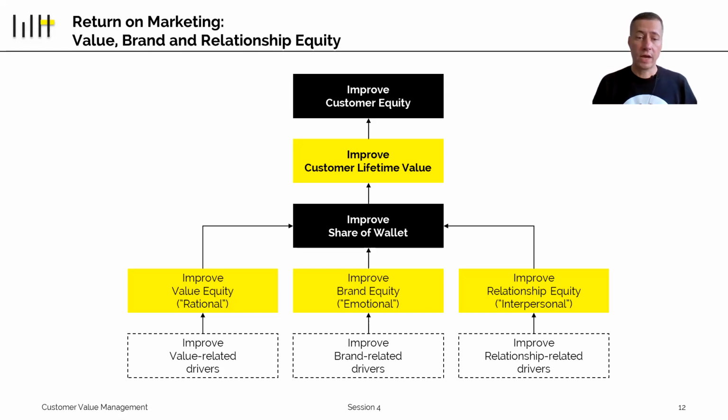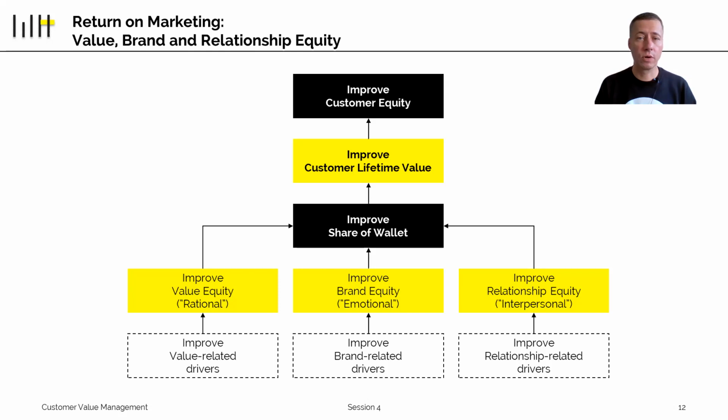But value equity and brand equity are not the only thing, because sometimes you may pick a company or a supplier because of the relationship that you have with the firm. This is the classical example of a loyalty program. If you are part of a tiered loyalty program in an upper tier, and the firm treats you particularly well, you may not even look anymore at the rational and emotional reasons. You simply choose the company because of interpersonal reasons.